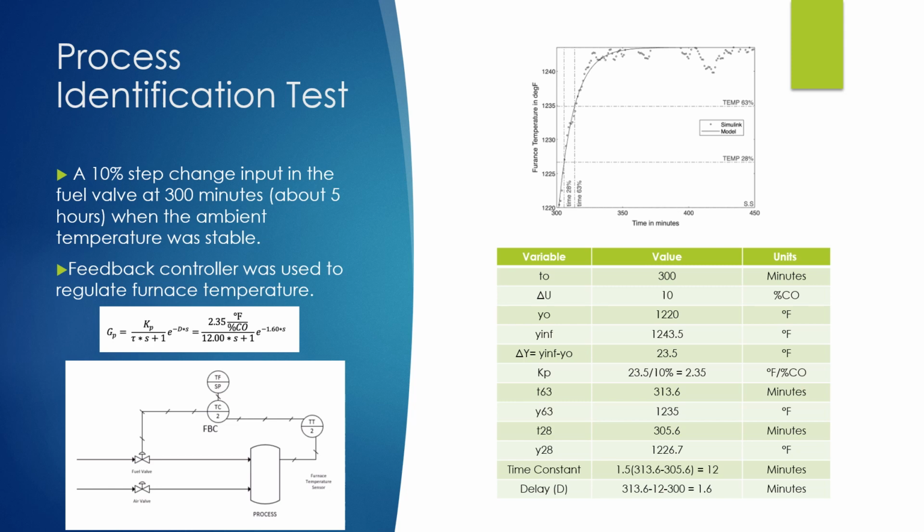In this case, our initial steady state value was 1,220 degrees Fahrenheit, and our final steady state value was 1,243.5 degrees Fahrenheit. Once we found this, we were able to once again find the gain of the system, the time constant, and the delay, which were then put into a transfer function for the process.